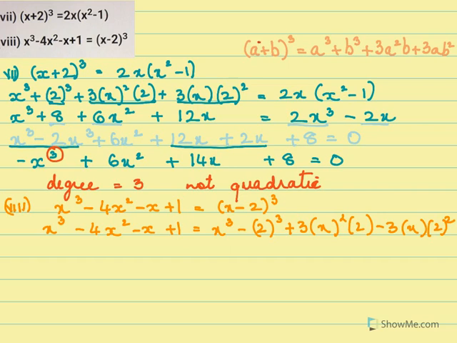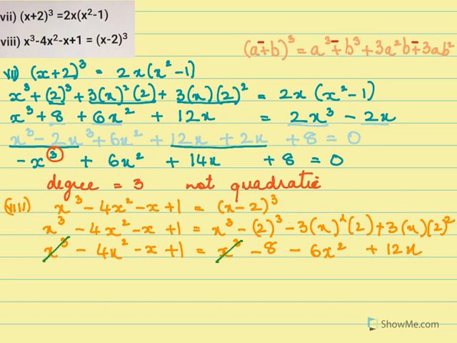Just repeat here: if this is minus, this becomes minus, and we have this plus, and this becomes again minus. Let's continue. So x cube minus 4x square minus x plus 1, x cube minus 2 cube is 8, and here we'll get minus 6x square. Here we'll get 12x.